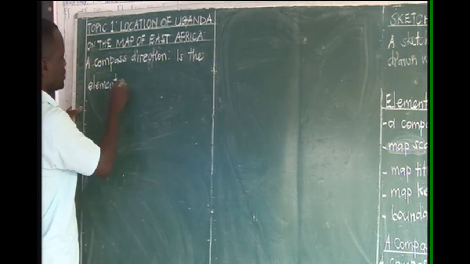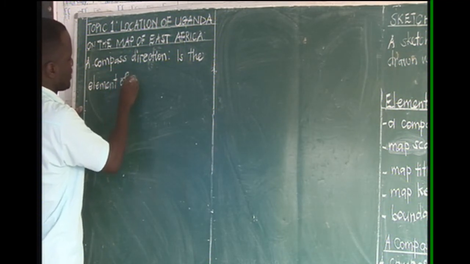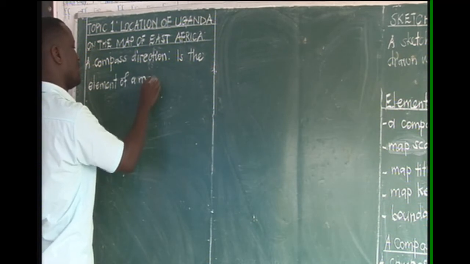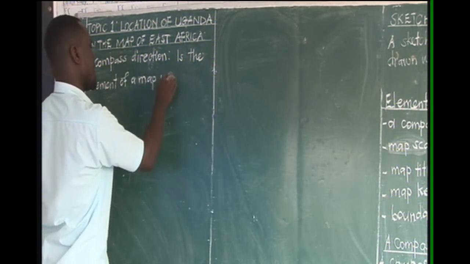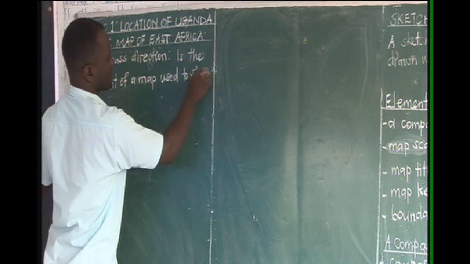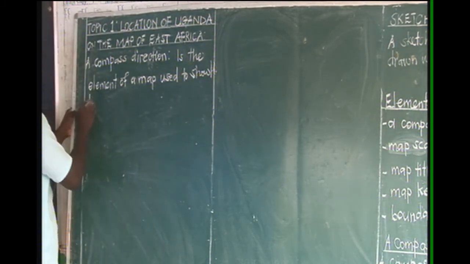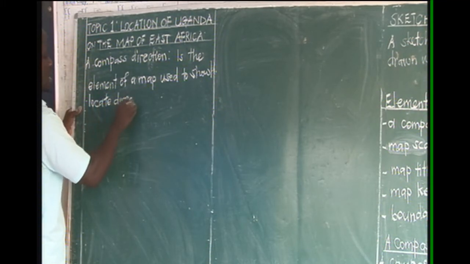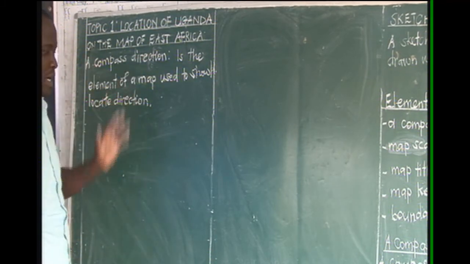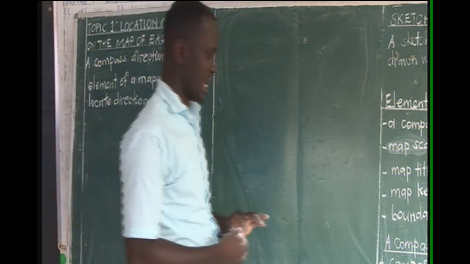This is an element of a map used to show or locate directions. So that is the difference we have between a compass and a compass direction.